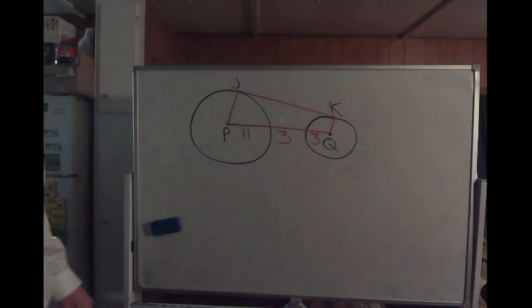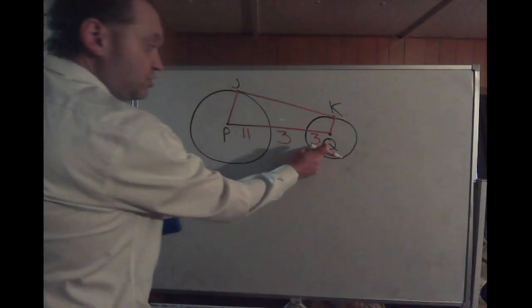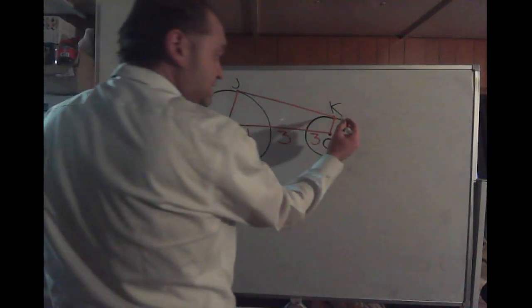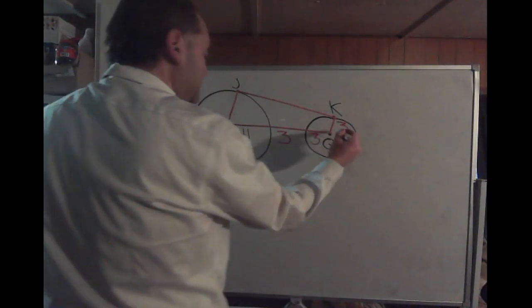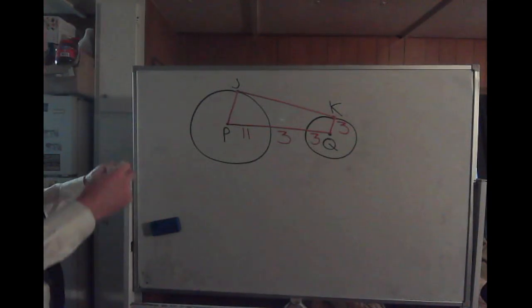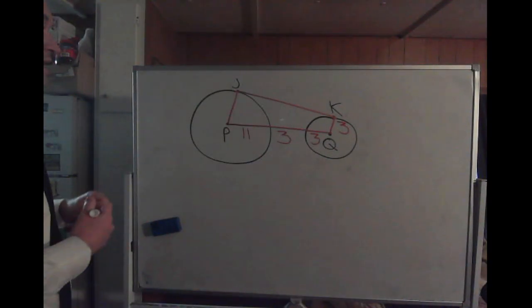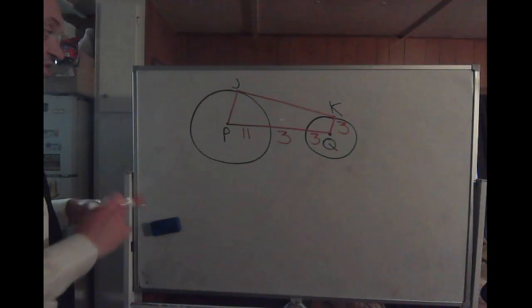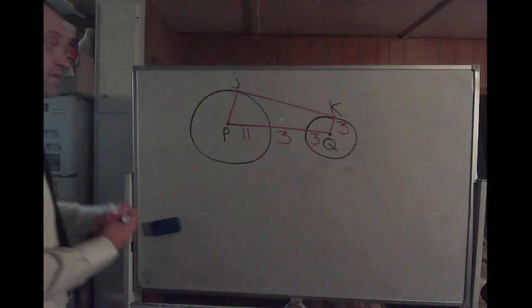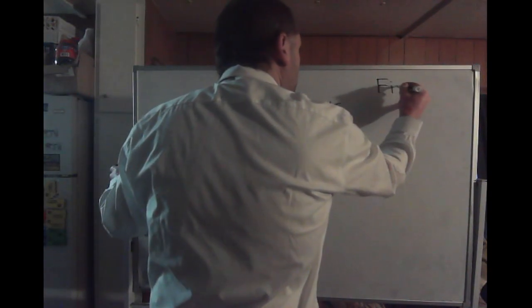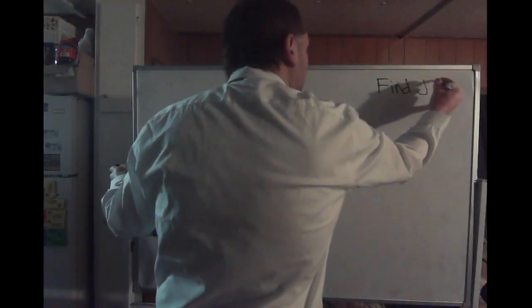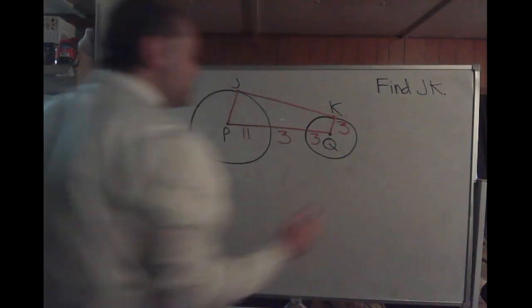So, if the radius of this circle here is 3, that means QK will also have to have a length of 3, right? Since they're both the radii of the same circle. Okay. What they want us to solve for is JK. We ultimately got to find JK.